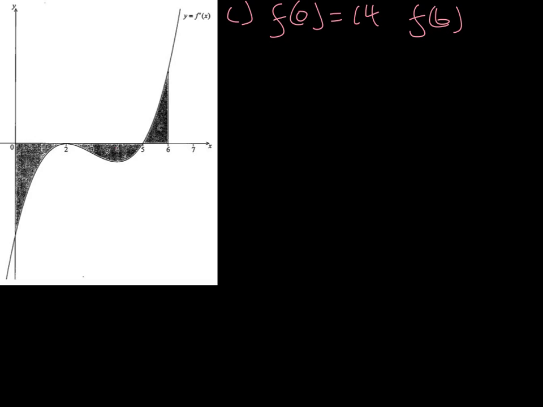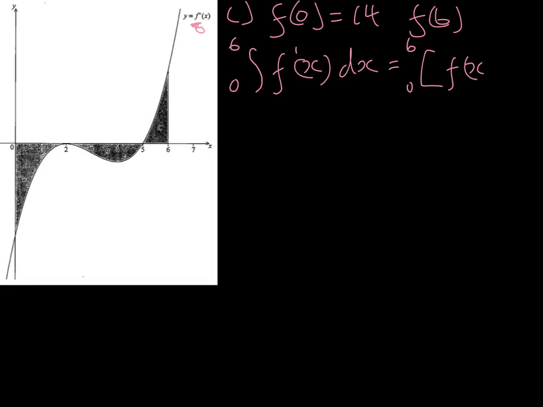We can start off by thinking that the area under this curve between 6 and 0 will be the integral of f dash x, because the curve we've got here is f dash x. So we want to integrate that with respect to x, and that would give us the function f of x between 6 and 0.